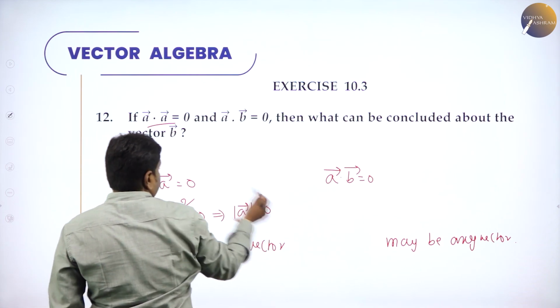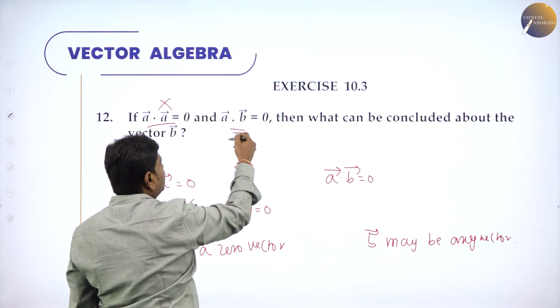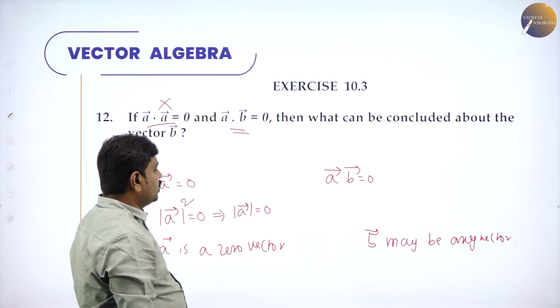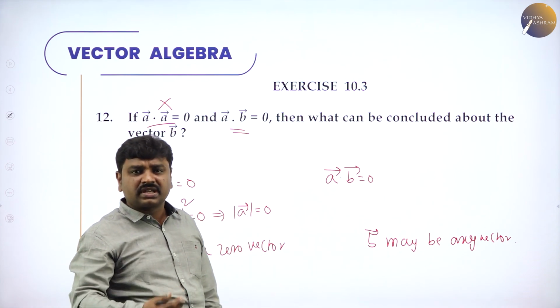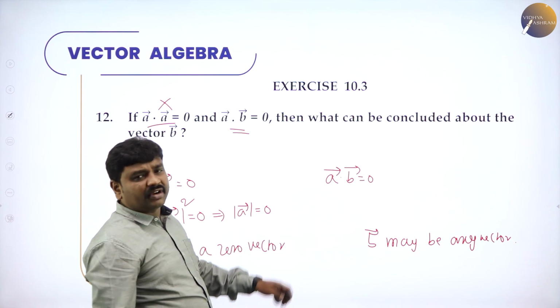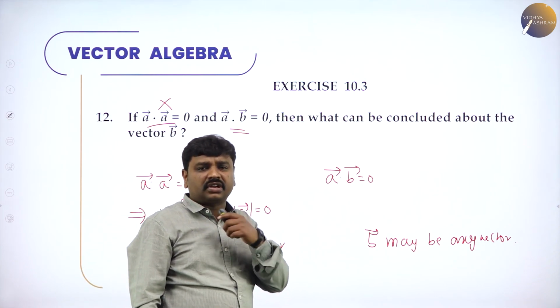Dear students, suppose if it is not given that they are non-zero, then I can't say they are perpendicular. Here b may be a zero vector or a non-zero vector. It can be any vector, because since a is a zero vector, the dot product of the zero vector with any vector is 0.